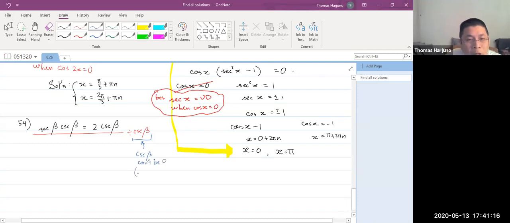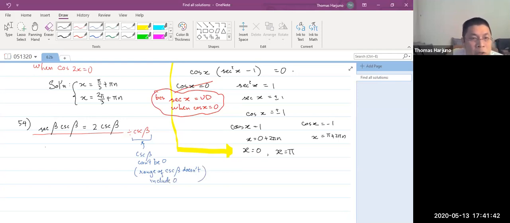Or another way to say that, the range of cosecant theta does not include 0. So yes, we can do that if we can provide the reason. So secant theta equals 2. Then from there you go on further.